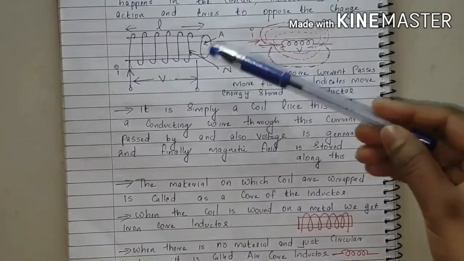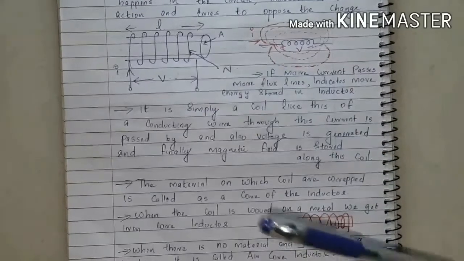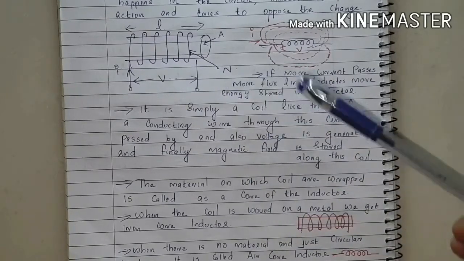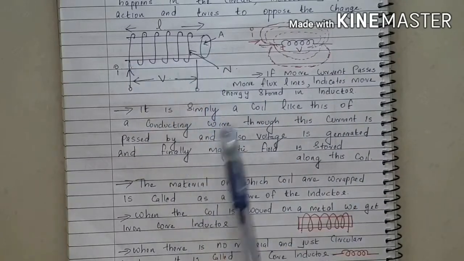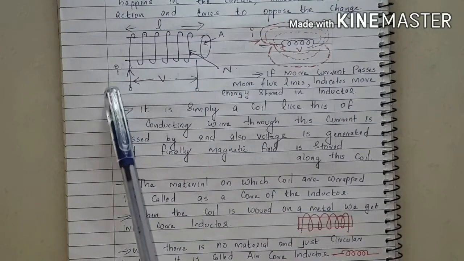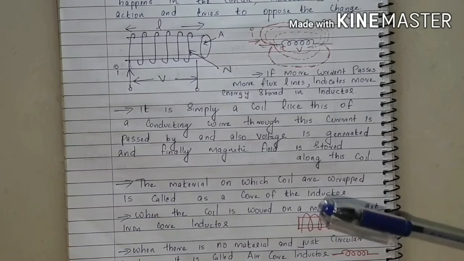Here is an inductor, L representing the length of the inductor, A represents the area of cross section, and capital N represents the number of turns. That is, here 1, 2, 3, 4, 5. So N is 5. V representing the voltage, I represents the current passing through the inductor.